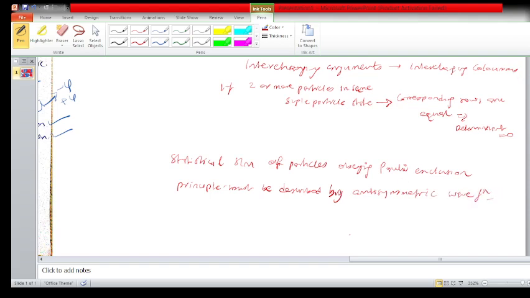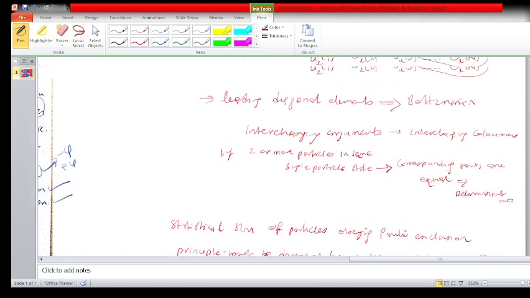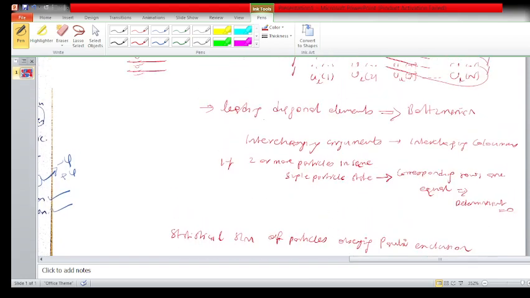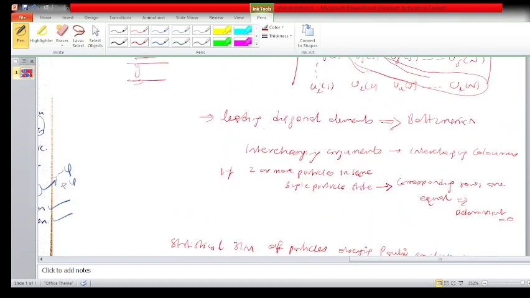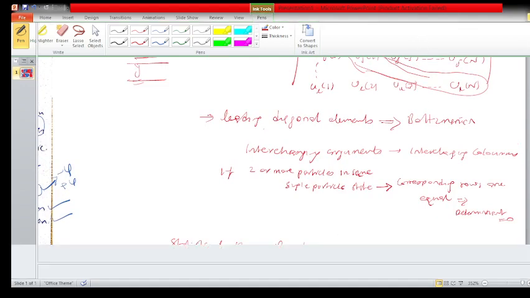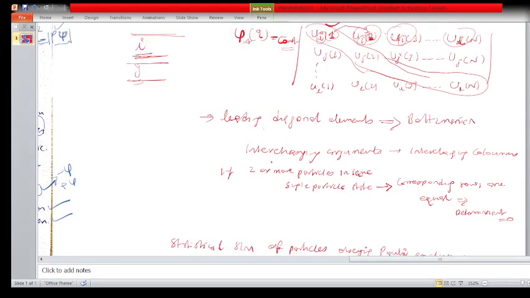What is the statement? As we discussed, if two or more particles occupy the same single particle state, then this determinant will become 0, which means the total wave function is 0, which means that kind of state will not exist.